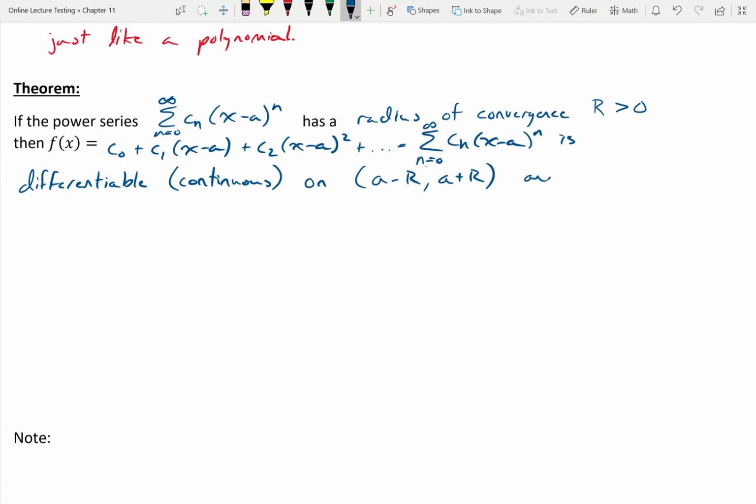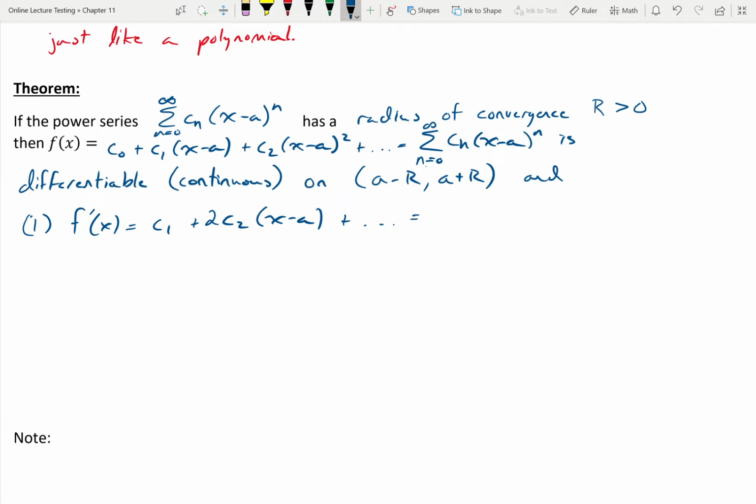And this is the cool part. Number one, f prime of x is equal to c1 plus 2c2 times x minus a plus so on. Again, just taking the derivative term by term. So the next one would be 3c3 times x minus a to the second.